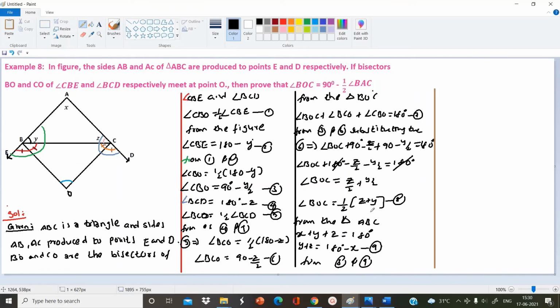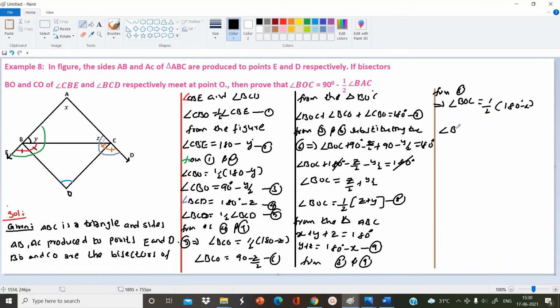So from equation 8, angle BOC equals half into z plus y. Z plus y means 180 minus x. I am writing that, half into 180 degrees minus x.